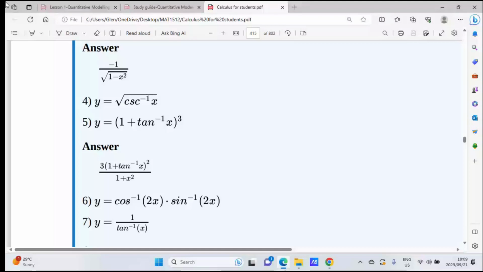Follow me. If you have 1 over tan, we are saying it's the same as cotangent, right? So we can change 1 over the inverse of tan x to the inverse of cotangent x. Then what's the derivative of cotangent x? The derivative of cotangent x is negative cosecant x squared.